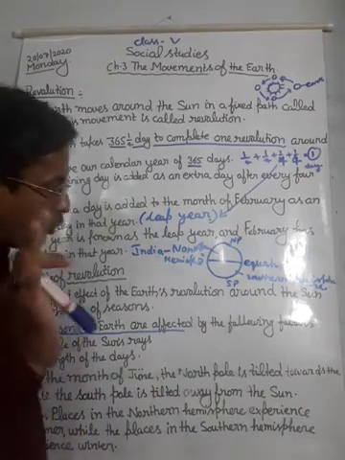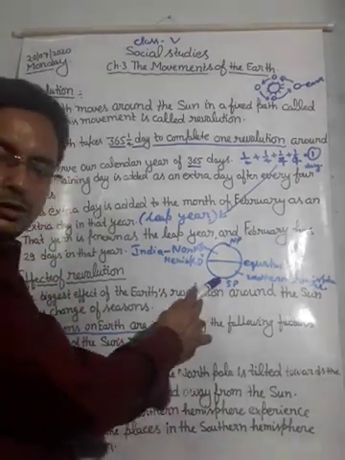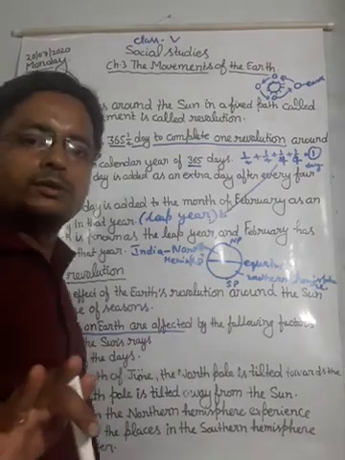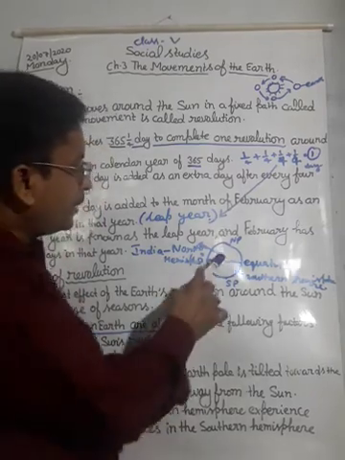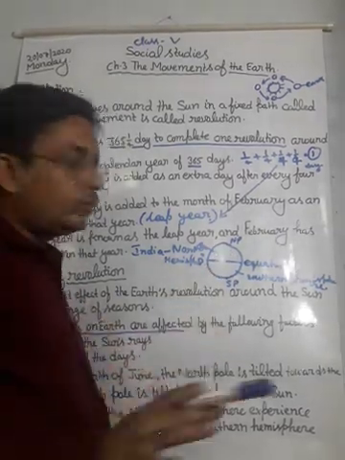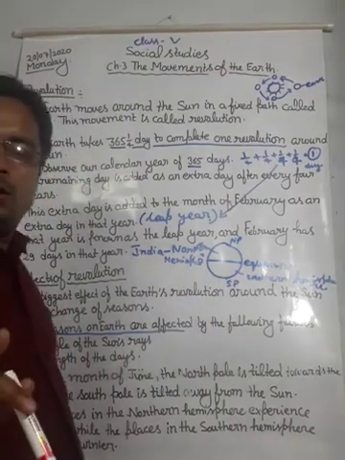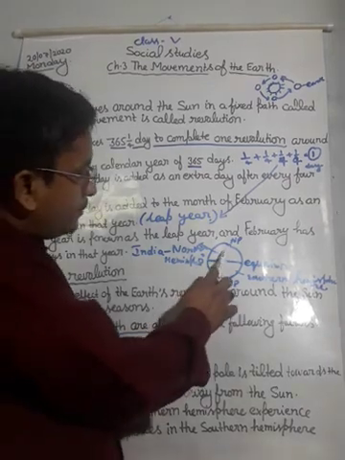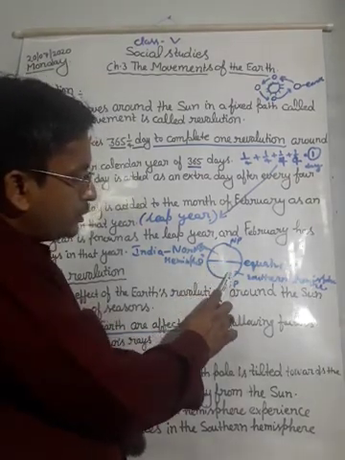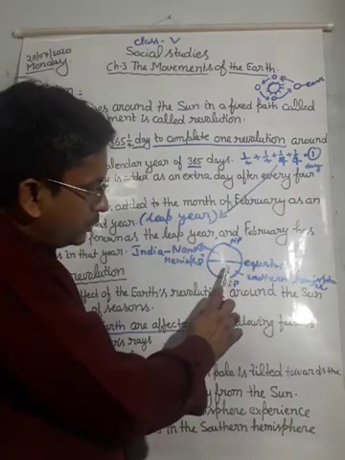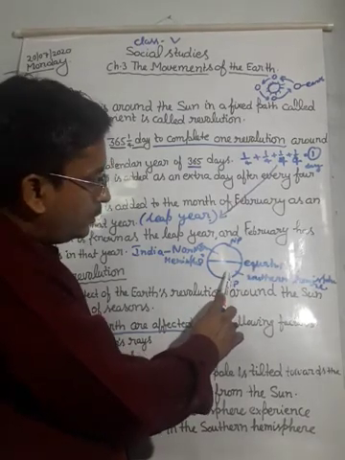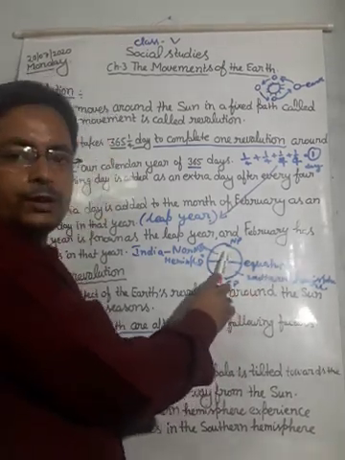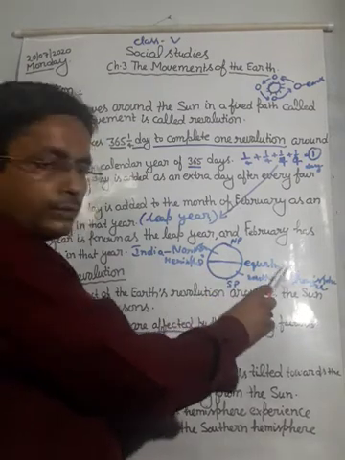And when we talk about the winter season in our hemisphere, the northern hemisphere, India lies in the northern hemisphere, and now we are going to talk about the winter time in India. At that time, this portion, the southern hemisphere, will be tilted towards the sun, and the northern hemisphere will be tilted away from the sun.